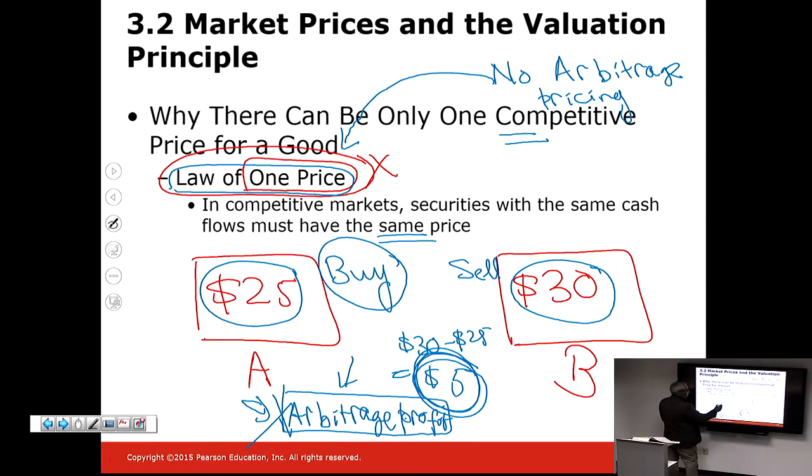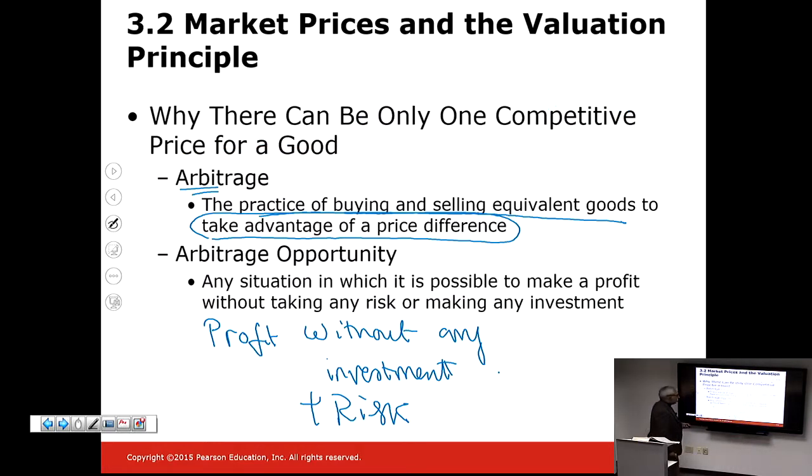As we have done over here, we borrowed the $25, bought, and then sold. Since I borrowed the money, I did not literally use my own money. That means there's no investment from my own pocket. I use borrowed money to invest. And since I bought and sold simultaneously, there was virtually no risk of that $5 profit.